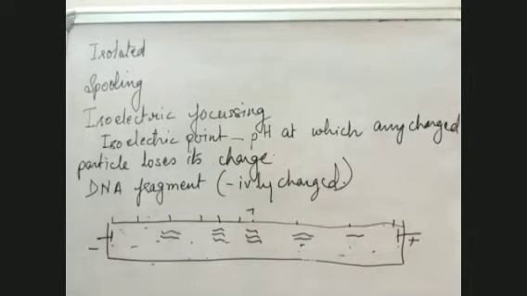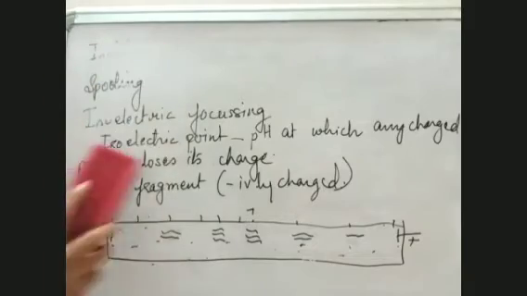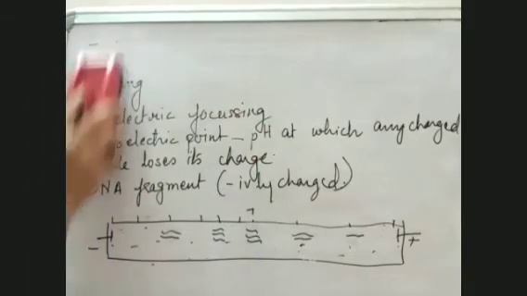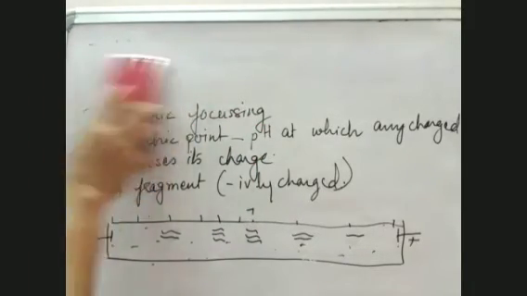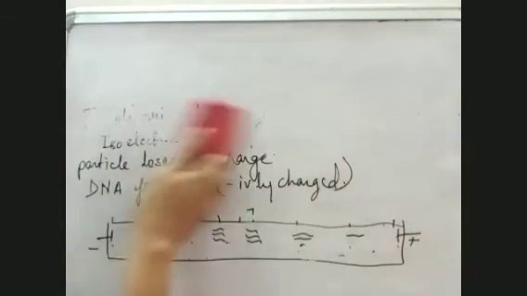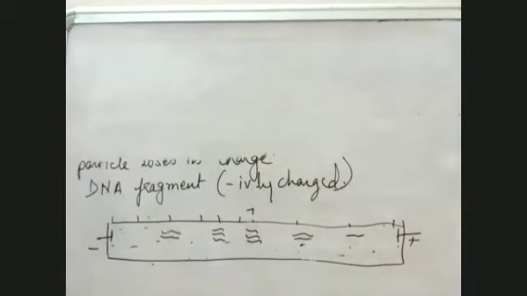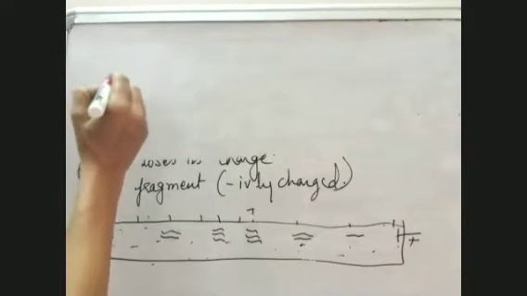Then we took it for density gradient. After this isoelectric focusing, there was density gradient. In density gradient, we took the same fragments of DNA, which are now arranged like this at different pH.